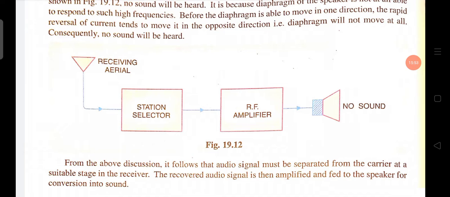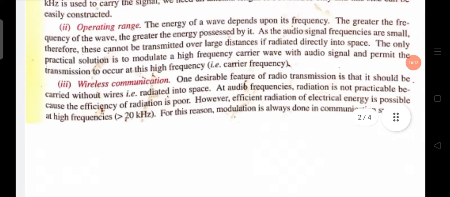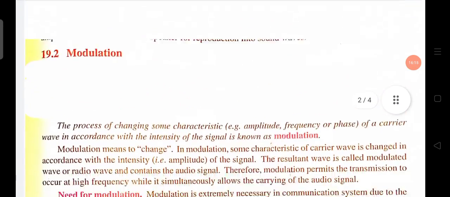So after getting the audio signal from the modulated signal, we amplify the RF signal, radio frequency signal, and after that the speaker converts the electrical signal into the actual speech signal. So that's all about your basic communication.